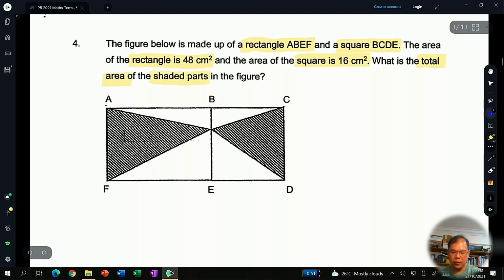Now, if I look at each of the shapes here, each of the shaded parts is made up of two triangles, right? So in this case, I have this triangle. I'm just going to name this point O, for example, right? So the shaded area is made up of triangle AOF and triangle COD.